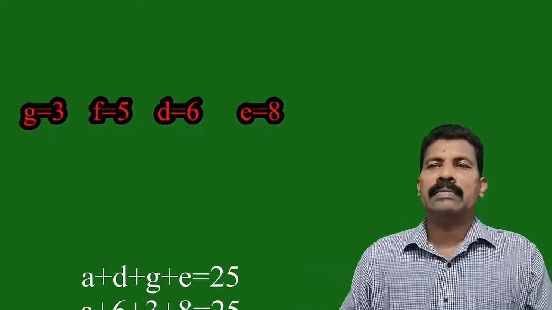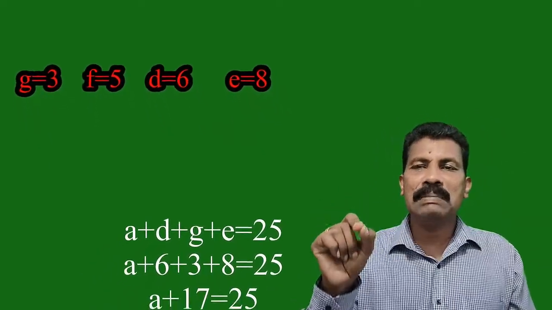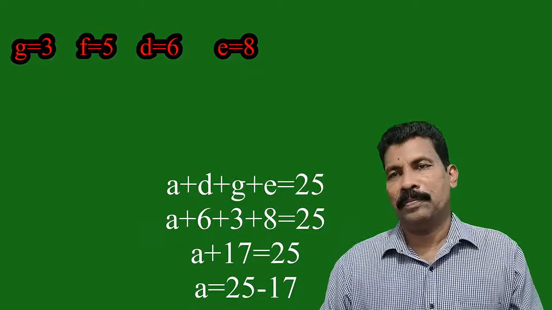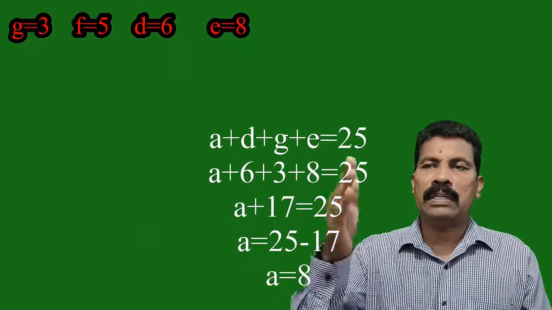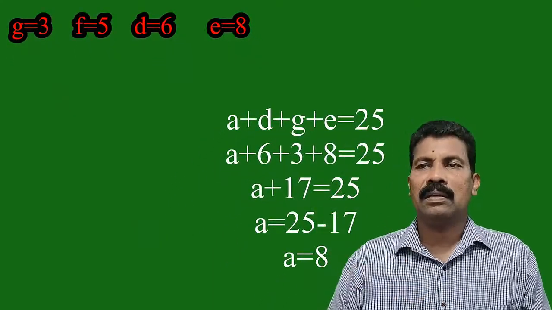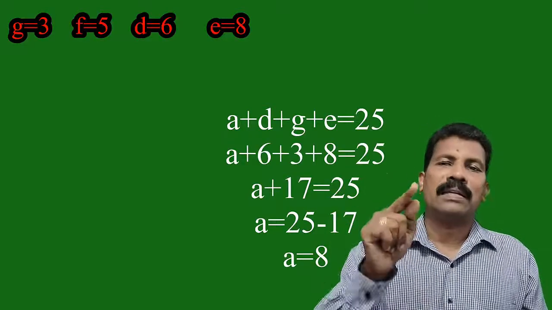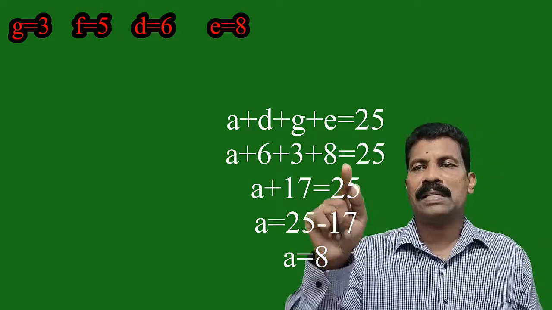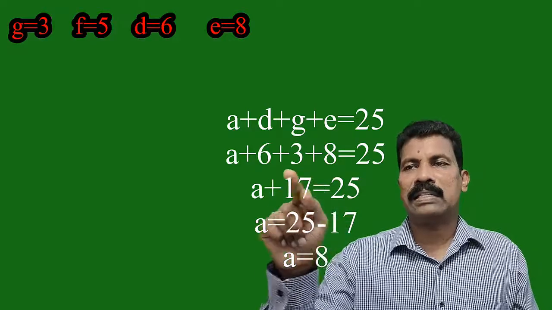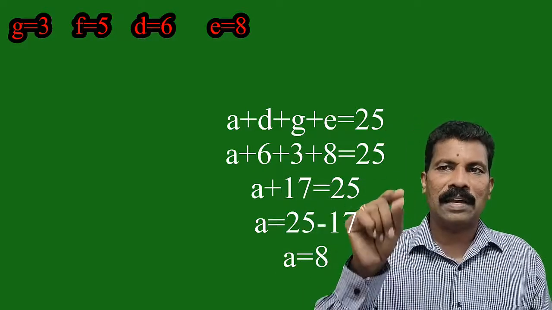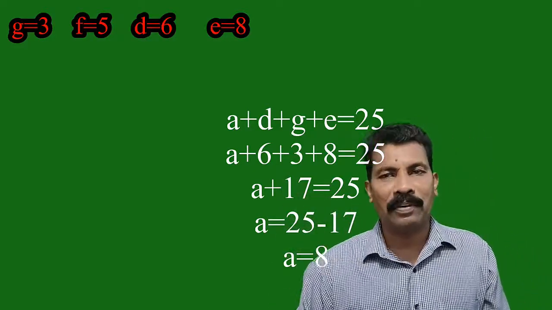We are given the equation A plus D plus G plus E is equal to 25. Substituting the value D is 6, G is 3, E is equal to 8, we are getting A plus 6 plus 3 plus 8 is equal to 25. That is A plus 17 is equal to 25.